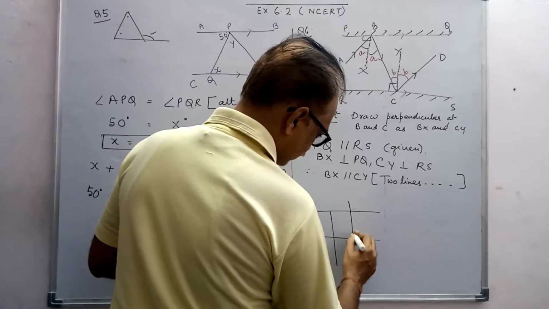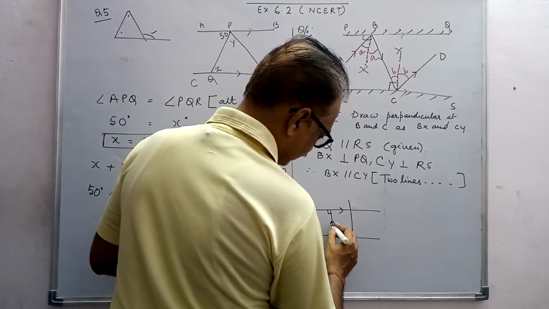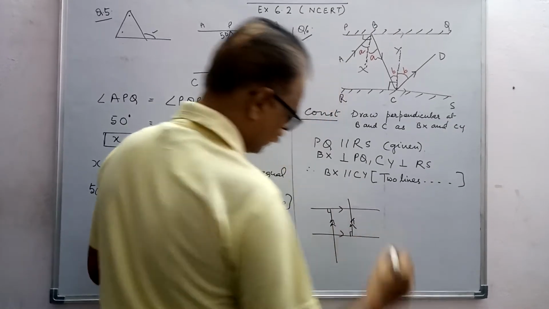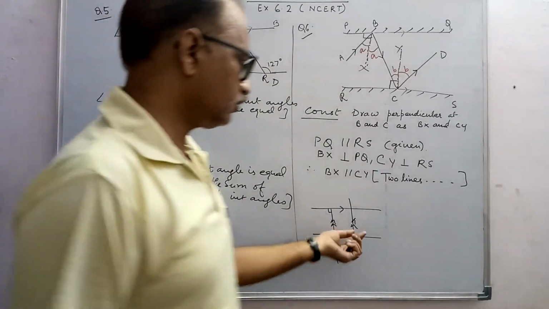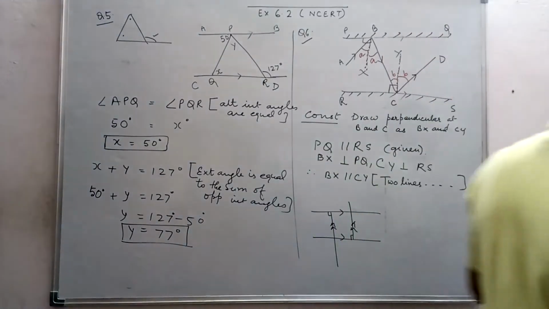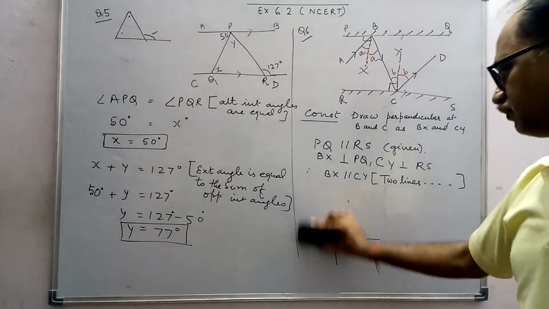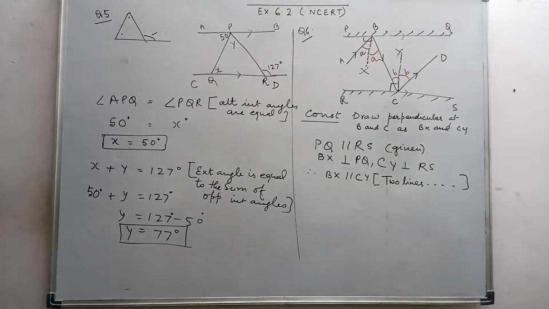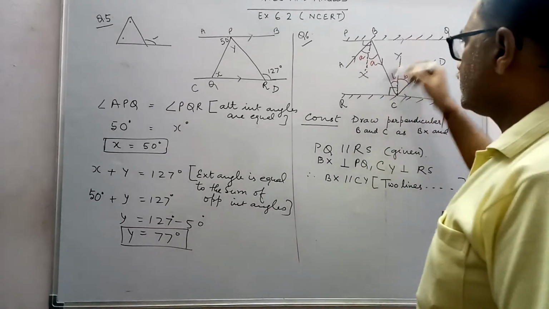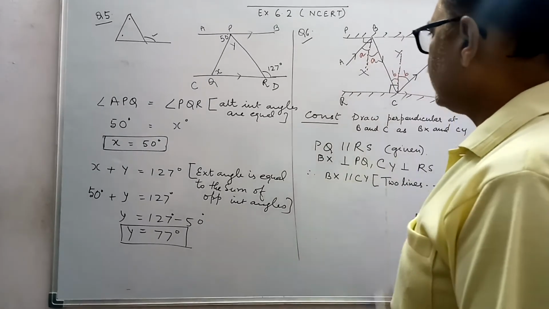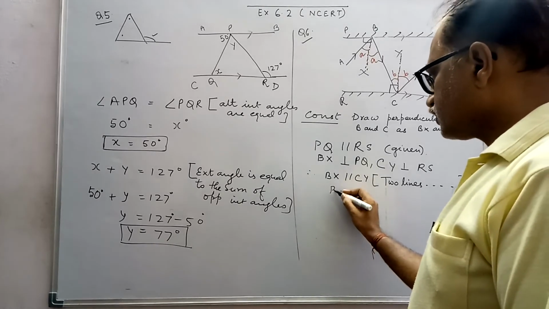So these two lines, if they are perpendicular to two parallel lines, they are also parallel to each other. Using this property, you see Bx is parallel to Cy. And if Bx is parallel to Cy, so you see angle a and angle b are alternate angles. BC is the transversal.